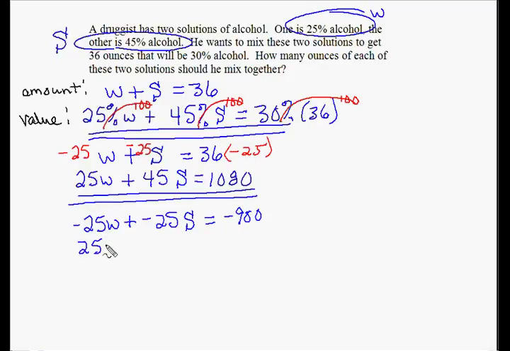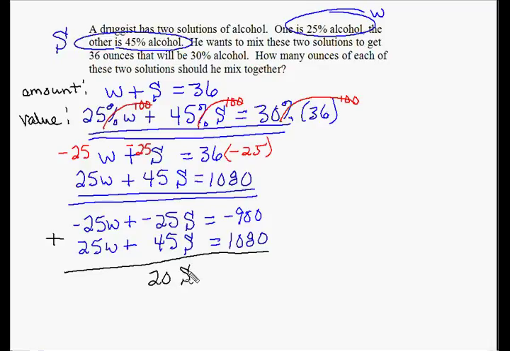Positive 25W plus 45S is equal to 1080. So if I add these two equations together, W's go away, and I get 20S is equal to 180. Trying to get S alone, I multiply both sides of the equation by 1 over 20.